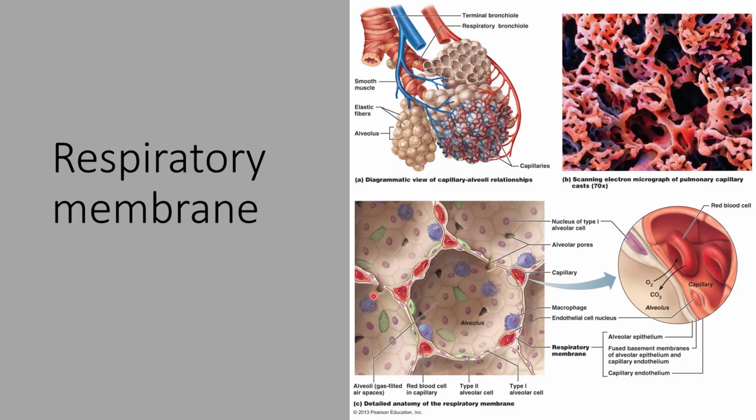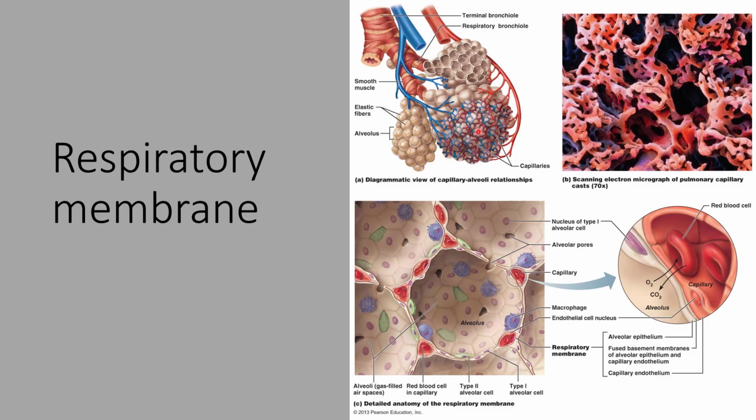But let's look at another view. Let's look at something called the respiratory membrane. The respiratory membrane is what the gas has to cross during that exchange of gases. So now we can see more correctly what an alveolus would look like.